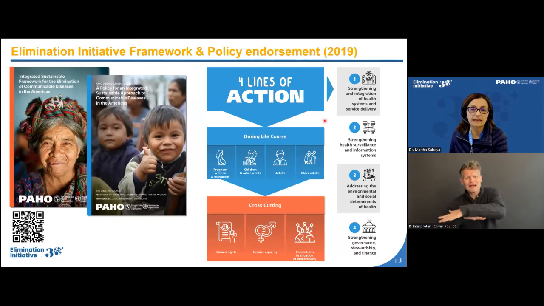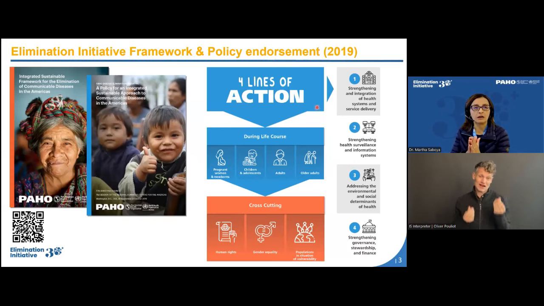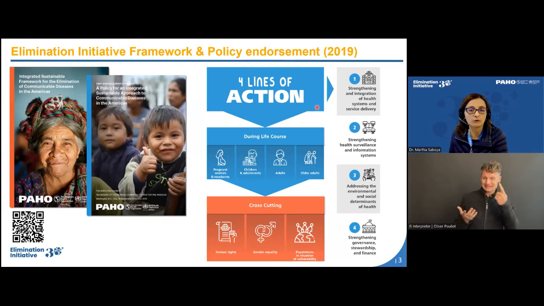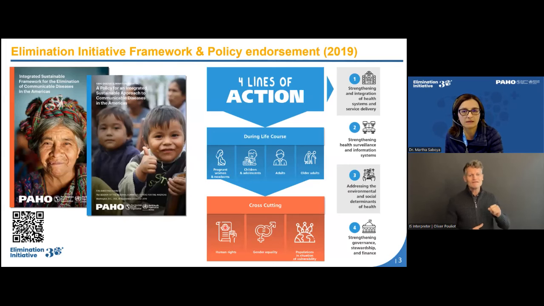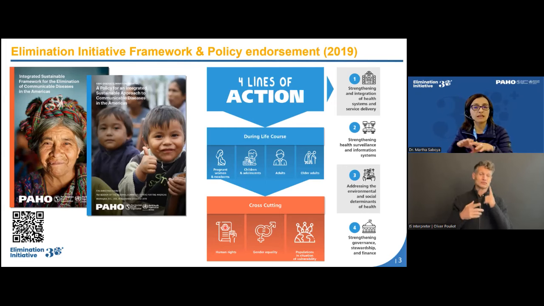And of course, these lines of action are needed to achieve the elimination goals, with additional components focusing interventions during the life course and in some cross-cutting and important areas such as human rights, focusing on populations living in vulnerable conditions, and gender equality. So this is the framework.